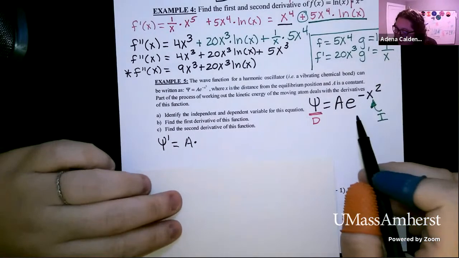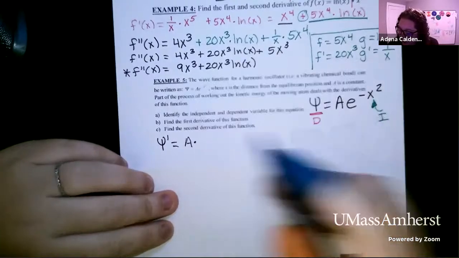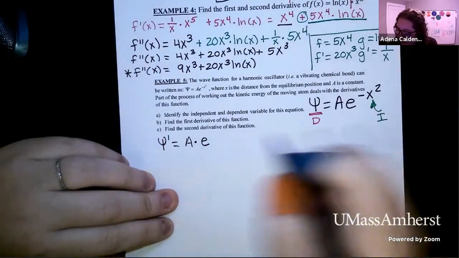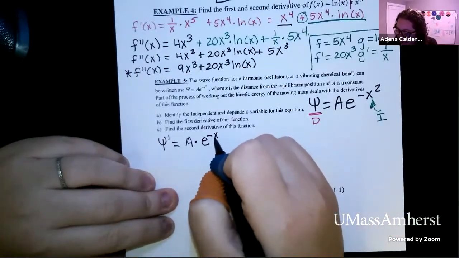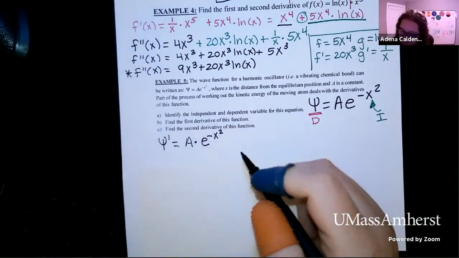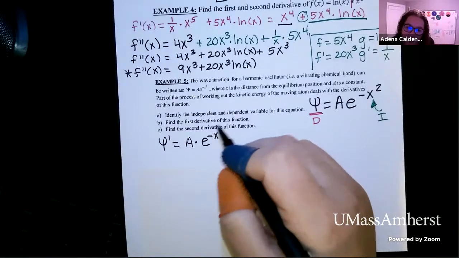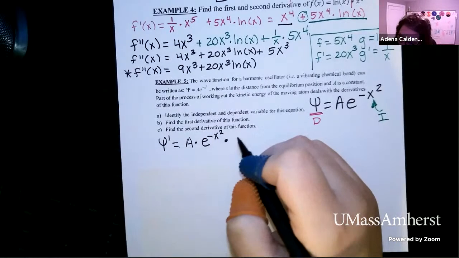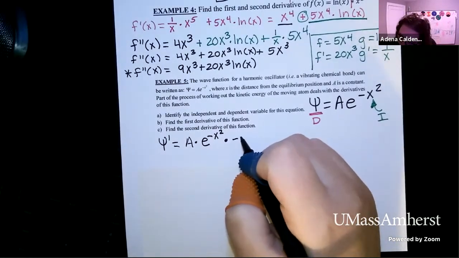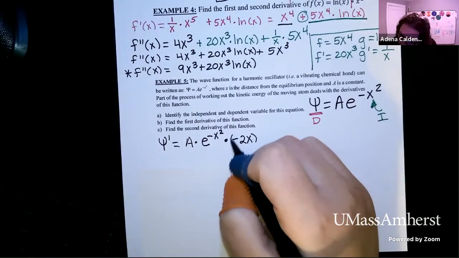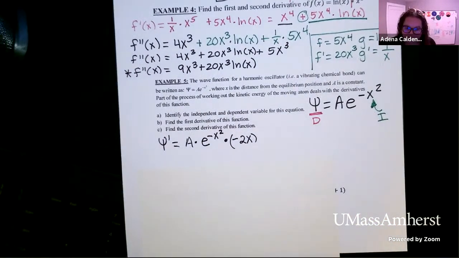So here, when I take the derivative of an exponential, I get the same thing back, e to the negative x squared. And for ease, I multiply this by the derivative of the power. So the derivative of negative x squared is negative 2x.